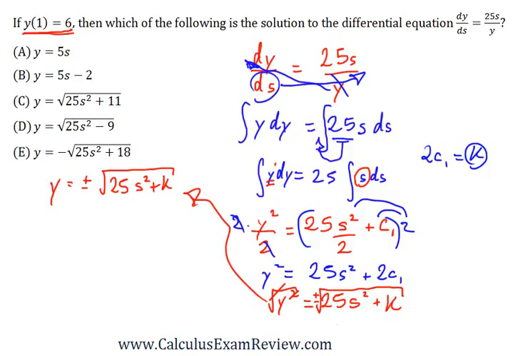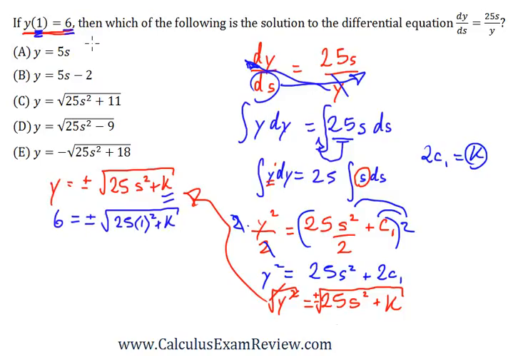Great. Now, we need to find out what k is. Now I can plug in the 1 for s and the 6 for y. So I get 6 equals plus or minus the root of 25 times 1 squared plus k.